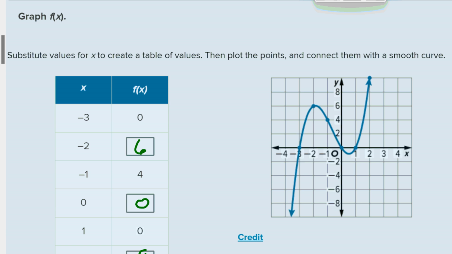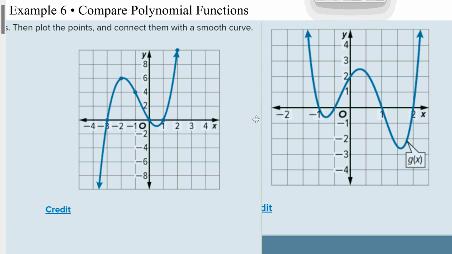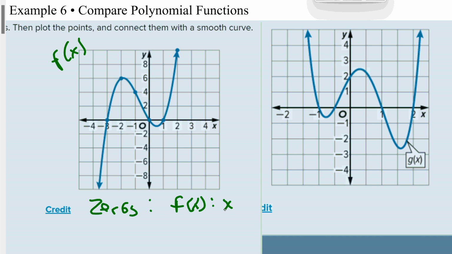Okay, so here they're compared to each other. This is f of x, and this one is g of x. I can see that this one crosses the x-axis 3 times, this one crosses 4 times. So those are my zeros. Looking at some key features, the zeros of f of x are at x equals -3, 0, 1.